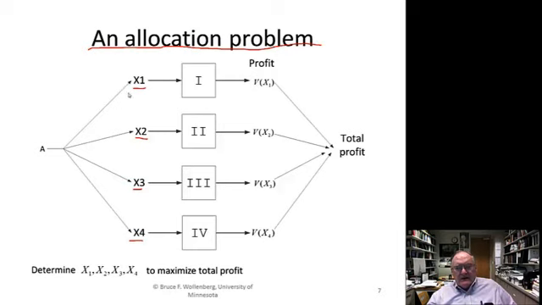And if I allocate an amount x1, then I make a profit of v of x1, V of x2, V of x3, V of x4, and I add them together to get the total over here. Well, how do I allocate?